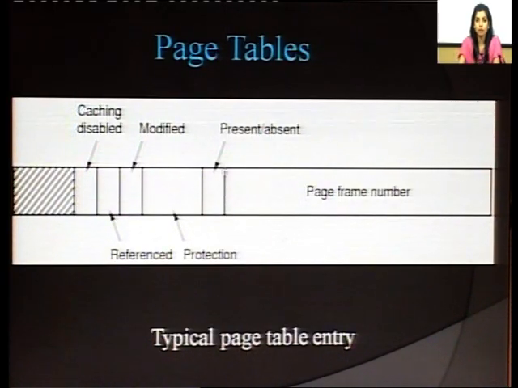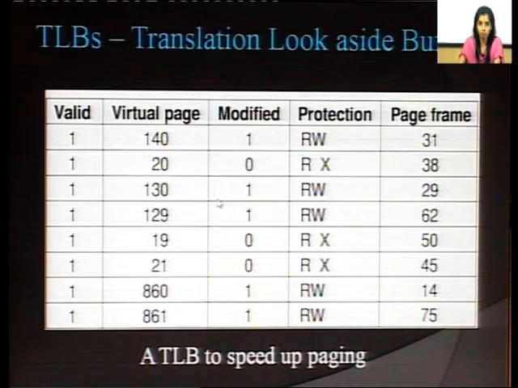Present or absent means, is this page present in memory or not? If that page is not available in memory, then it shows absent. If that particular page is present in the page table, then it shows present. So this is the translation lookaside buffer.